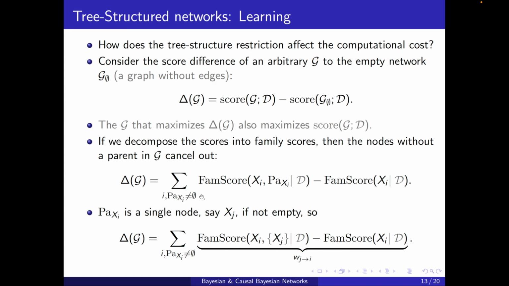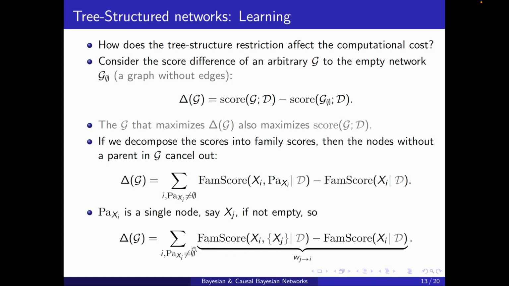It will be the summation over the family scores of xi and its parents minus the family score of xi without a parent. But the number of parents is at most 1, if not empty. So this is basically just some other node xj.